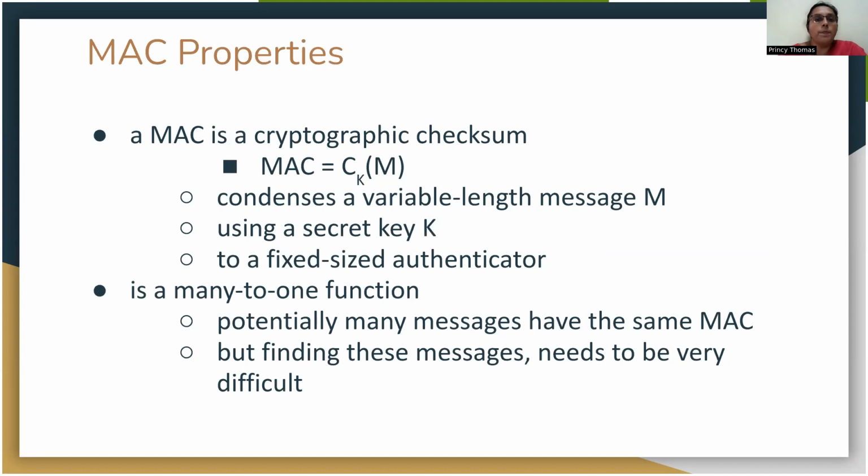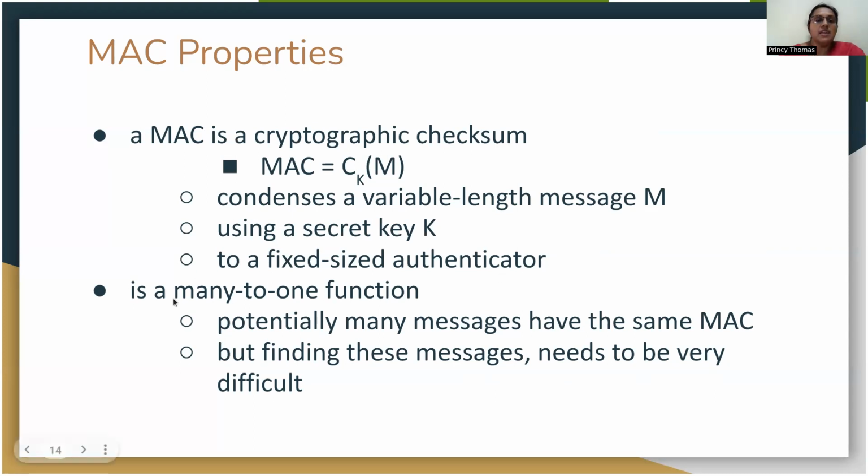Okay, now the properties of MAC. A MAC is a cryptographic checksum. Okay, so it's just like a checksum, a code that changes when the message is altered. So what does this C, the cryptographic checksum algorithm, do? It condenses a variable length message M using a secret key K to a fixed size authenticator.